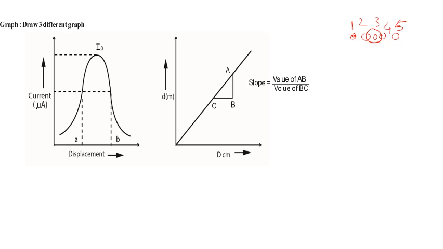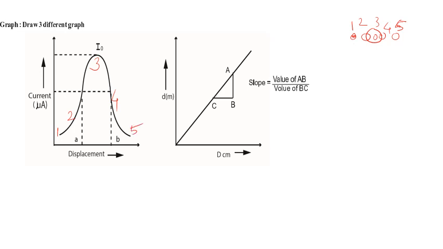At the first point, because no light is passing through the pinhole, I will get zero current, which is positioned somewhere here. At point 2 I will start getting a small amount of current, then at position 3 I will get maximum current. At position 4 again I am going to get less current, and at position 5 I am getting still less current.